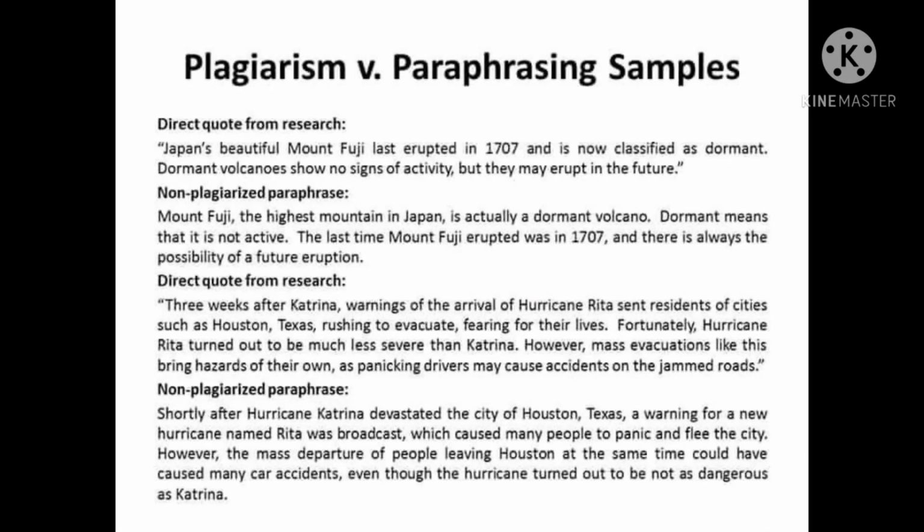Now let's talk about the difference between plagiarism and paraphrasing, with a sample. In a direct quotation, we have our direct quote from research. Here's the sample: Japan's beautiful Mount Fuji last erupted in 1707 and is now classified as dormant. Dormant volcanoes show no signs of activity, but they may erupt in the future.